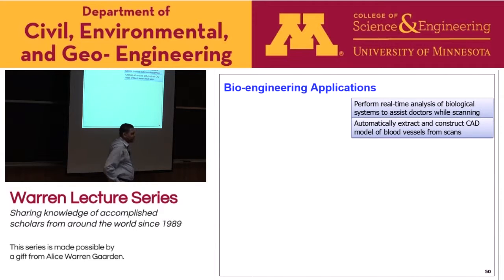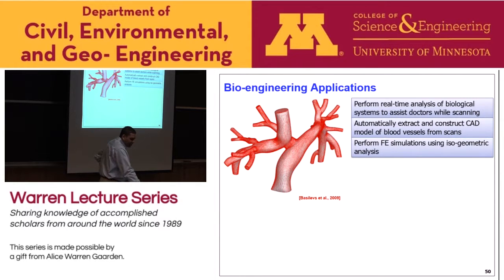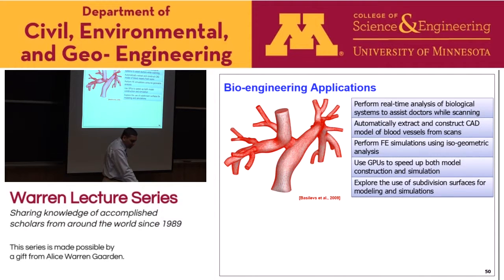Another thing where it's actually being used right now is a company called HeartFlow, which takes the arteries and then reconstructs the architecture of the heart blood vessels, and then they figure out where the blockage is, and then perform analysis, and see whether the blockage is severe enough to warrant a bypass surgery or not. And this is where isogeometric analysis I feel would be useful too, where you can do the same analysis using the same CAD geometry.